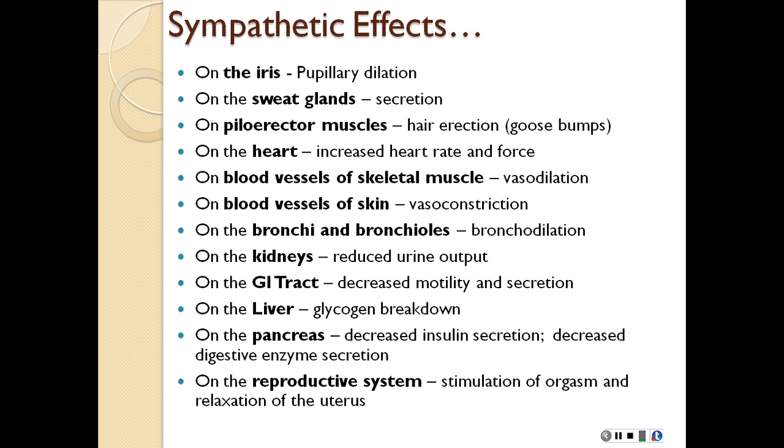So the sympathetic division tells the pancreas not to secrete insulin, because insulin would lower blood glucose. Also, the pancreas functions in making enzymes for digestion. Anything to do with digestion is shut down by the sympathetic division. So the pancreas decreases insulin secretion and decreases digestive enzyme secretion.